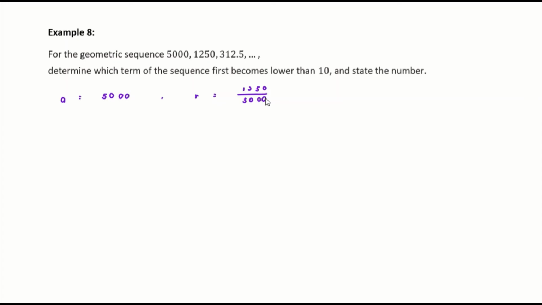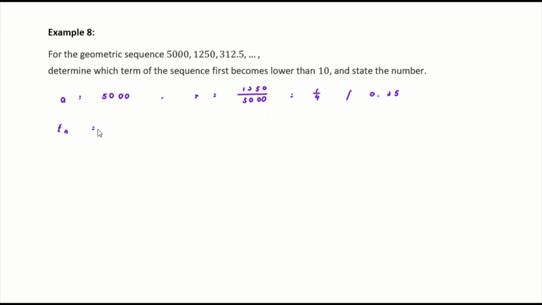Okay, so you can have 1,250 divided by 5,000, then that gives you 1 over 4. Okay, so it's either you want to do 1 over 4 or you want to do 0.25, so it's your own preference.